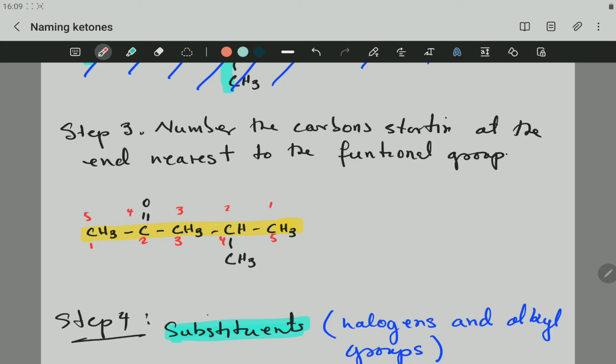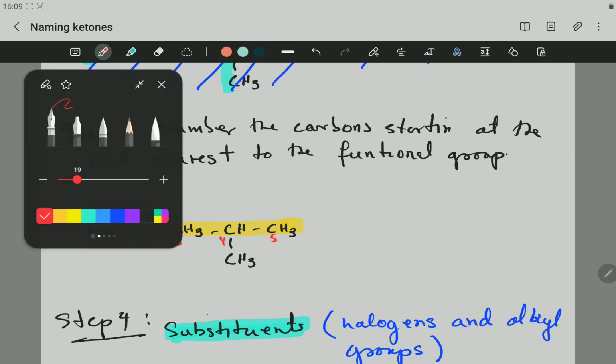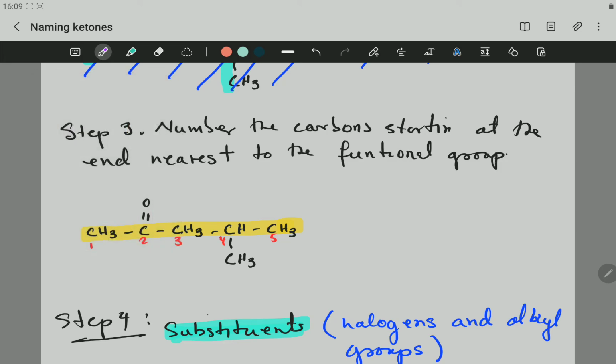It is nearer to the bottom option, starting from 1. So we're going to erase the second option and start from the beginning. Now here, as with alcohols, we have to write down in which carbon the functional group is. The functional group is in carbon 2, so it will be 2-one.